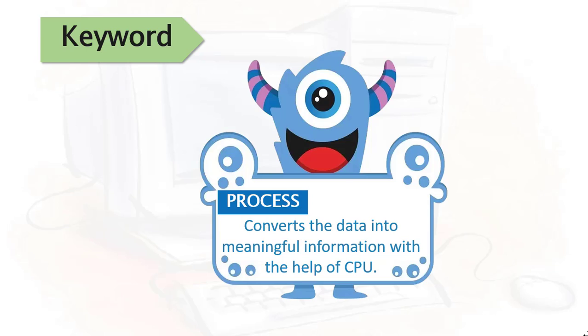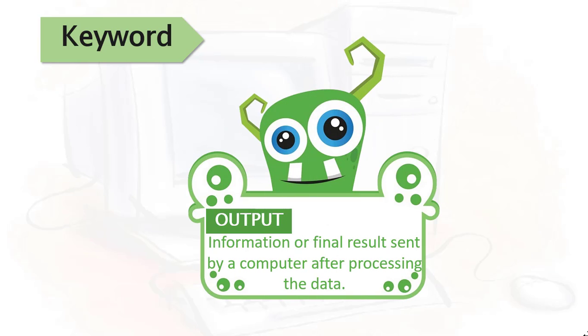The operation done by the CPU is known as process. Next is output: the information or final result sent by the computer after processing the data. The final result generated by the CPU after processing is known as output.